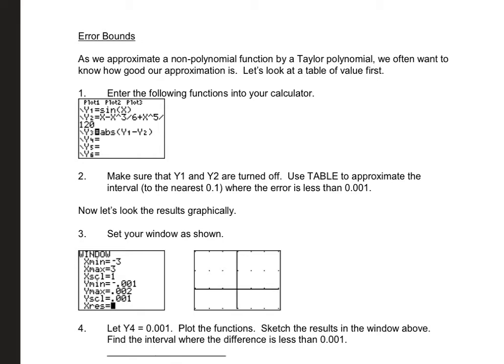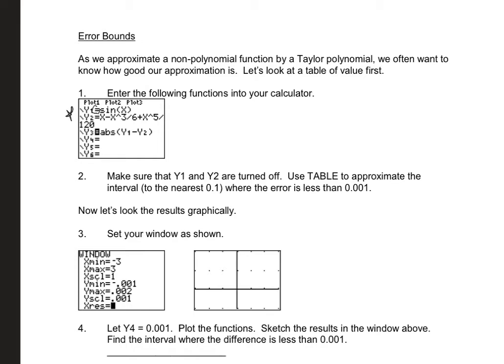You can see listed here that y1 is sine x, and y2 is the fifth degree, or fifth order, Taylor polynomial centered at 0 for sine x. You can see those written down here in y2.